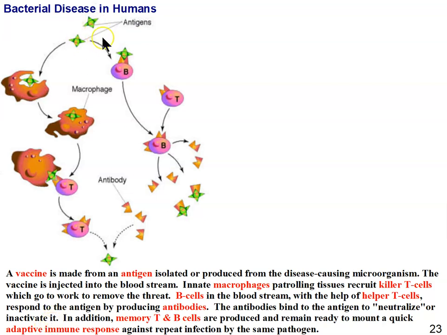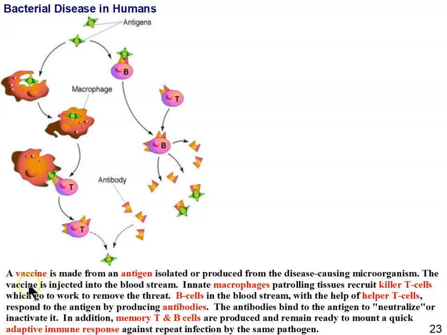So if the same antigen, the same pathogen gets into your body again, it will immediately jump on it, and B cells will almost immediately start pumping out antibodies. So the immune system doesn't have to learn all over again what the antigen is and what antibodies to produce. The B cells already know, they remember, and they start pumping out antibody against that pathogen right away, and you don't get sick. It keeps you from getting sick.